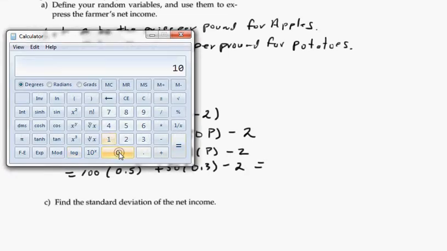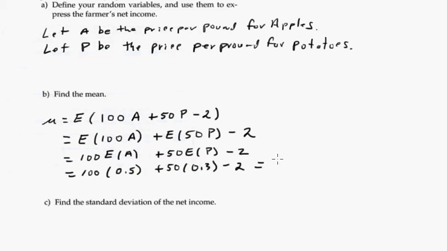Let's try that one more time. Clear. 100 times 0.5 plus 50 times 0.3 minus 2 equals 63. So it sounds like $63.